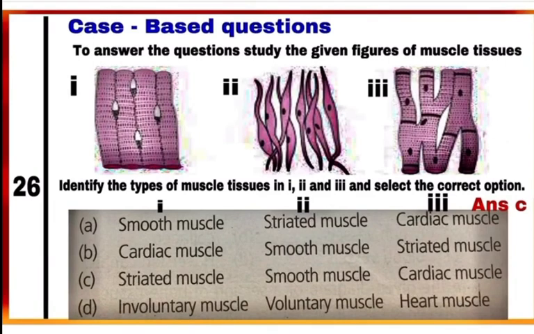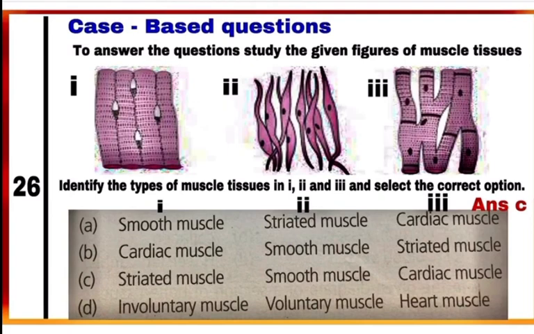Let us now move to next section, case-based questions. To answer the questions, study the given figures of muscle tissues, figure 1, 2 and 3. Now answer question number 26. Identify the types of muscle tissues 1, 2 and 3 and select the correct option.